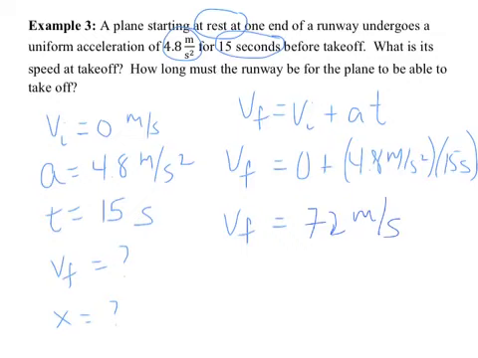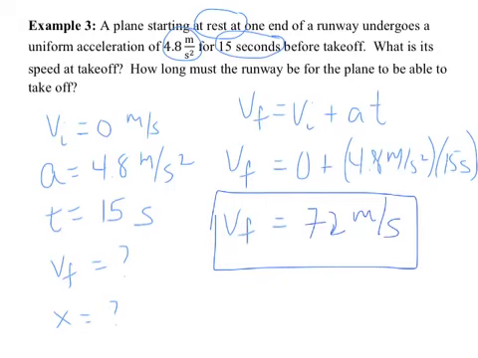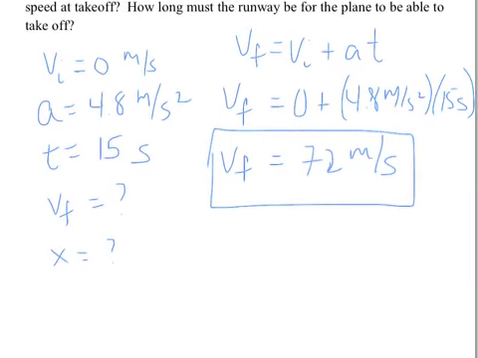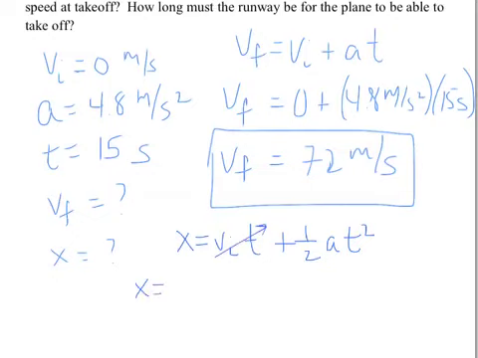Now, knowing the final velocity, we could solve for x, the displacement, in different ways. We can go to the third formula now that we know VF, but the third formula is not solved for x, so let's stick with the second formula again. Let's continue to work with the second formula here. Plugging in what we know, this is 0, it drops off.